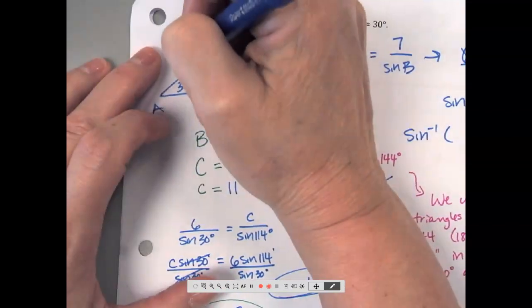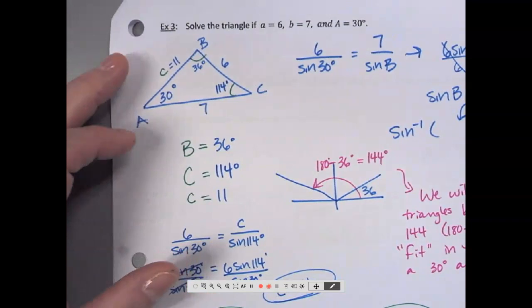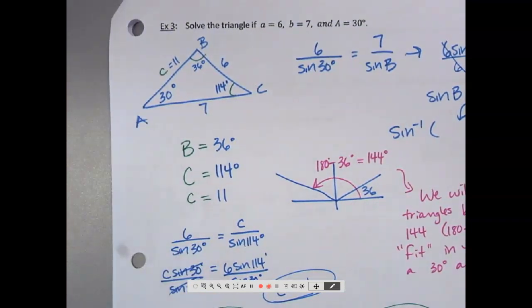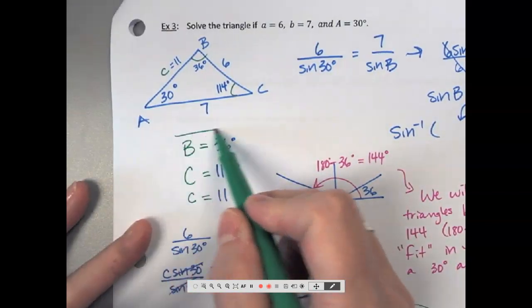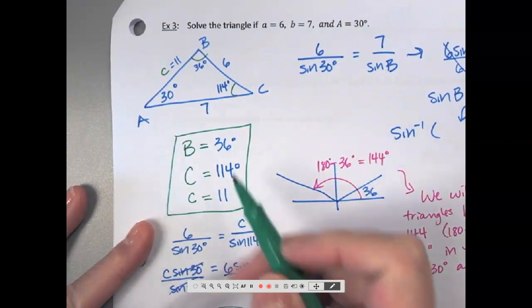Okay, let's do a quick check. Is the biggest side opposite the biggest angle? Yes. The shortest side is opposite the smallest angle? Yes. So this right here is triangle number 1.